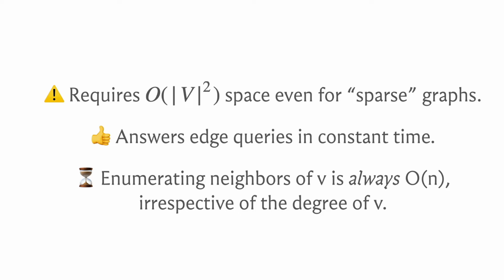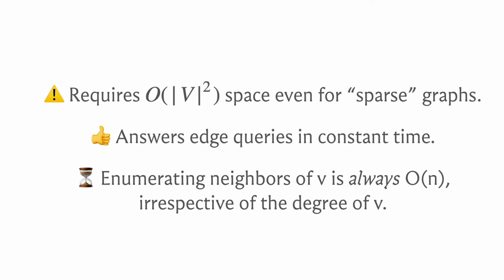Once again, to enumerate either the in-neighbors or the out-neighbors would require a full scan of the row or the column corresponding to this vertex. So the point is that it's going to take time proportional to the total number of vertices in the graph, even if this vertex has, relative to the total number of vertices, a very small number of neighbors.